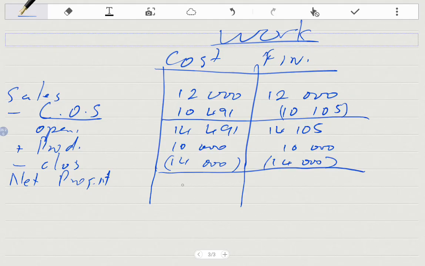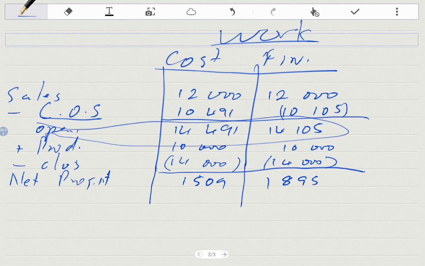Then that will give us 1,509. 12,000 minus 10,105 gives 1,895. So then, guys, the key values here were your openings.